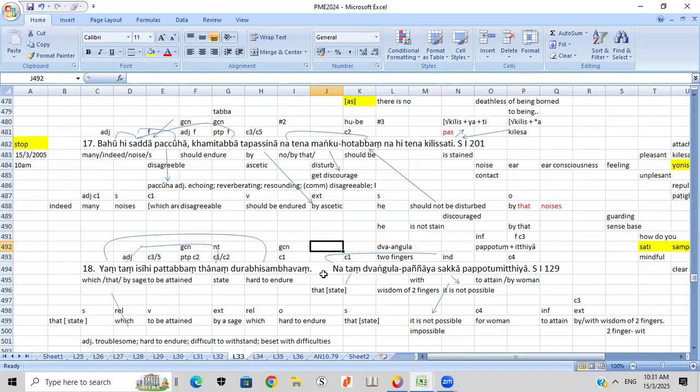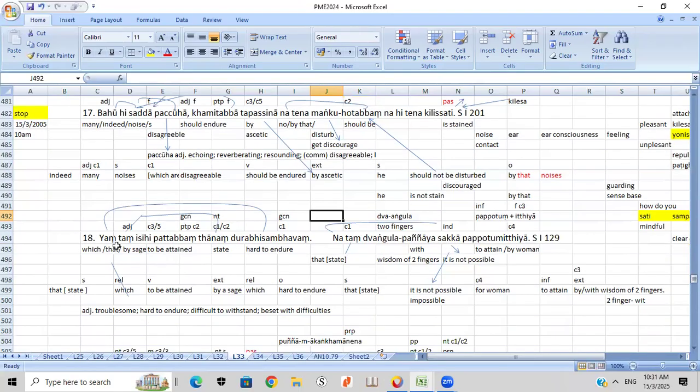It looks like it is taking a neuter noun ending. So what we do here, can you see that? Then you follow with yam. This is the relative.